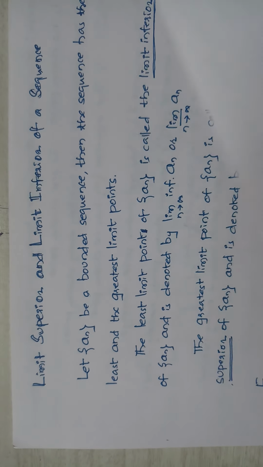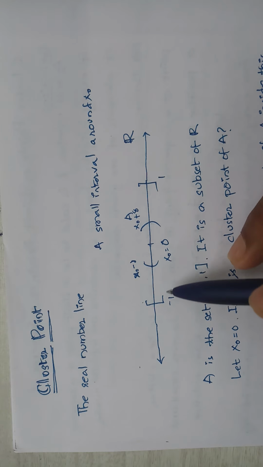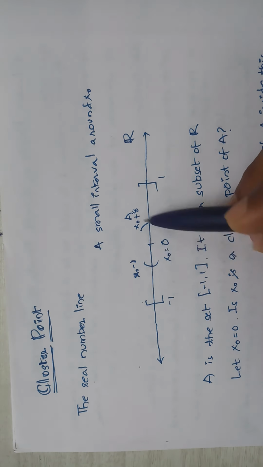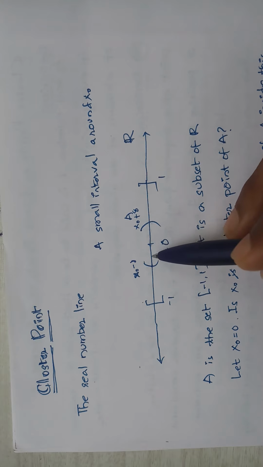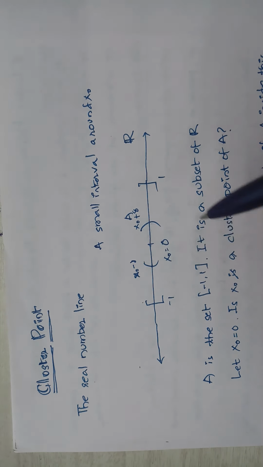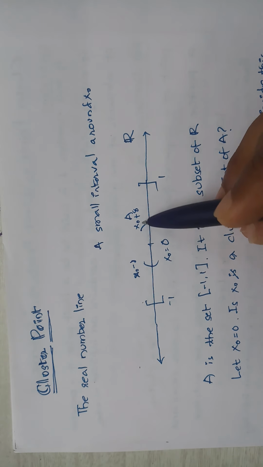So in this example, here your closed interval is there. Here I take a midpoint, that is L as 0. Around L there are infinitely many points, yes or no? Yes, because around x naught I draw the points x naught, x naught minus delta and x naught plus delta.